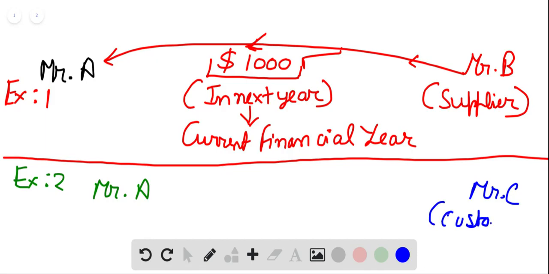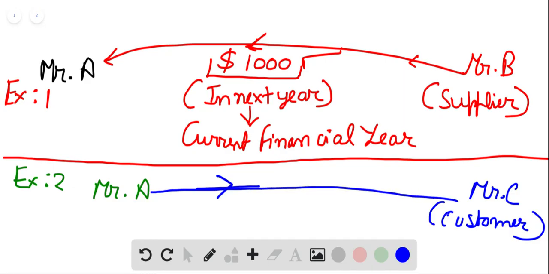So Mr. A delivered goods and services to Mr. C, and this type of transaction frequently occurs. So Mr. C said, Mr. A, I will pay you next year. So the worth of goods and services was $2,000.